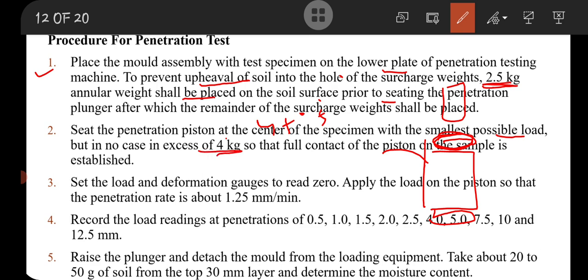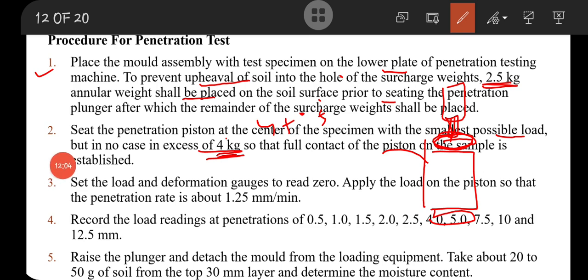We will apply 2.5 kg initially, then the next load, which will not exceed 4 kg at a time, so that full contact of the piston on the sample is established.